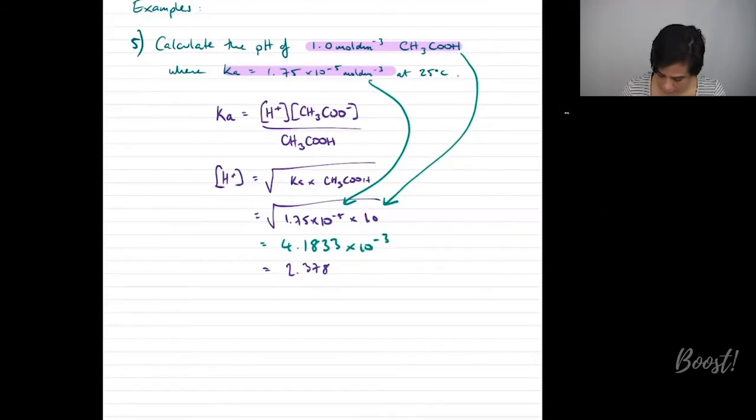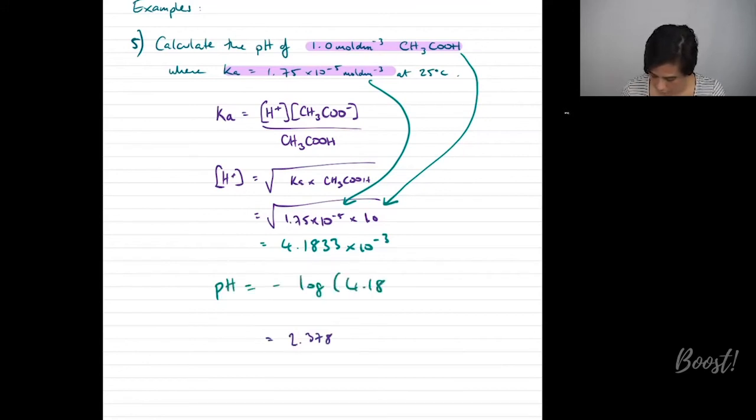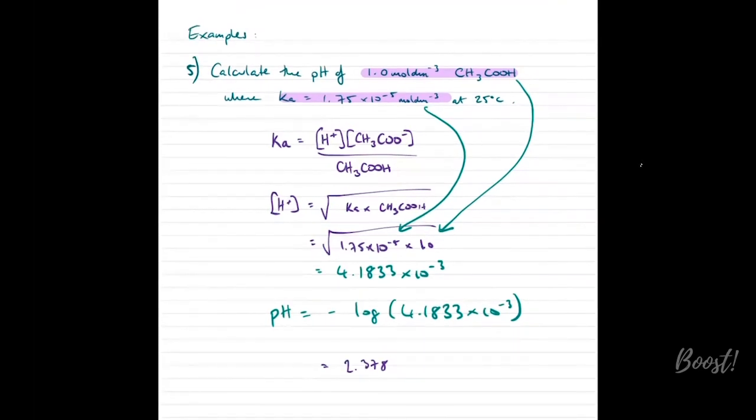And then what we did here was put this into pH equals minus log of that. So minus log of that equals 2.378. Great. So hopefully if you're having a go at this at home, watching the replay, you got the right answer. If not, just work back through and see where you might have gone wrong.